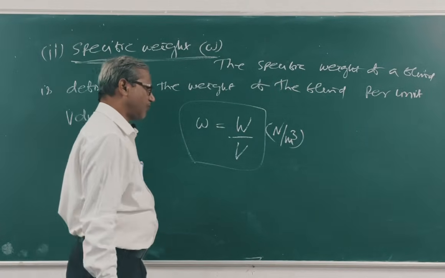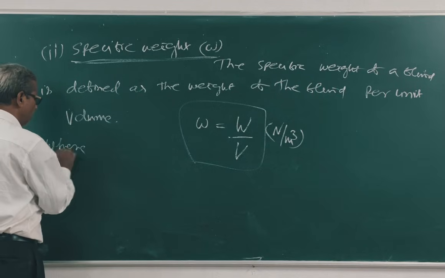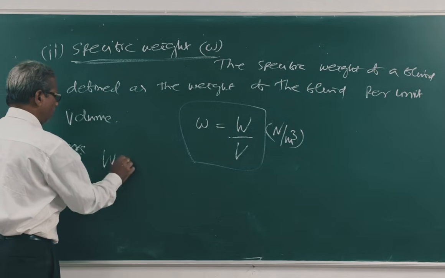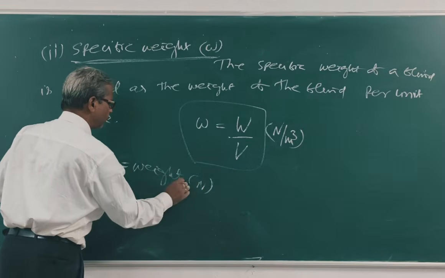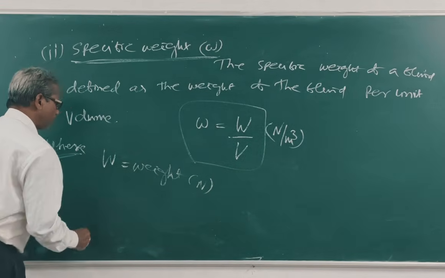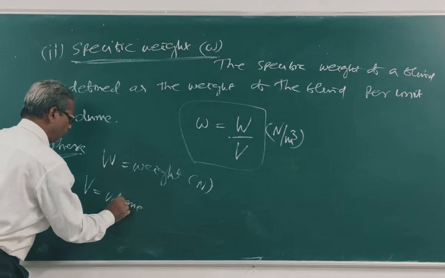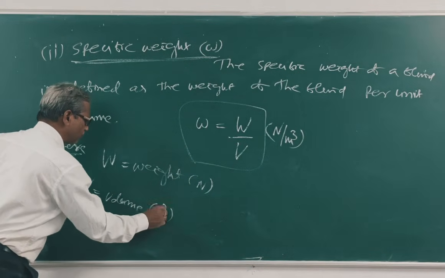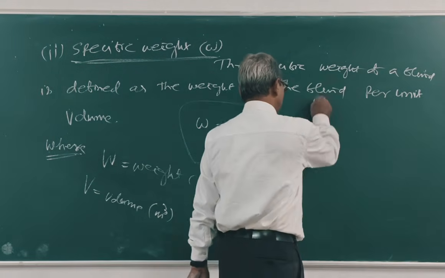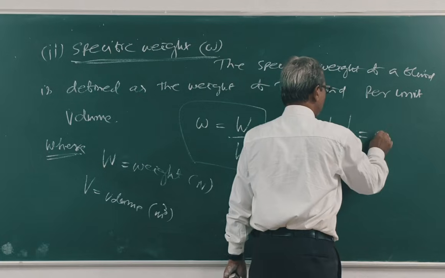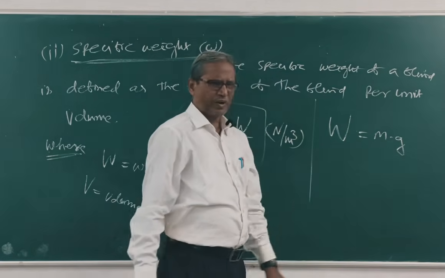Where W is weight, Newton, and V is volume of fluid, meter cube. Clear? So W is equal to m into g, mass into acceleration due to gravity.